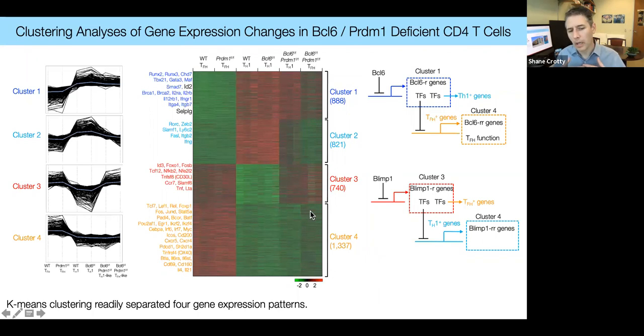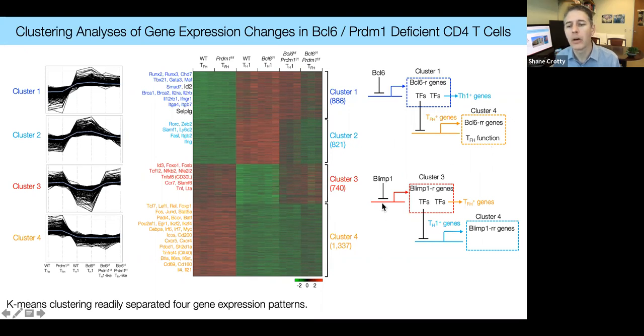And so then if we bioinformatically analyze all of that data, it actually clustered pretty easily into 4 major gene expression patterns. And so we proposed that 2 of those gene expression patterns would correspond to genes directly repressed by Bcl-6, and then the genes repressed by the repressors downstream of Bcl-6 would be cluster 4. So these are the genes that are upregulated in TFH.